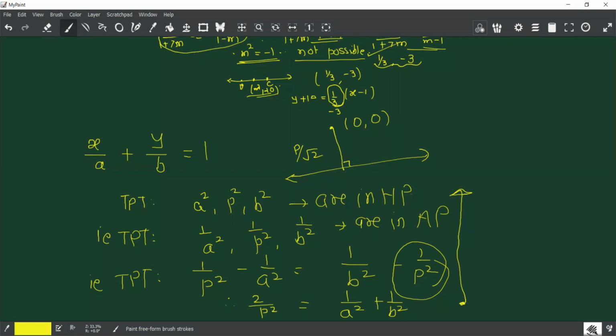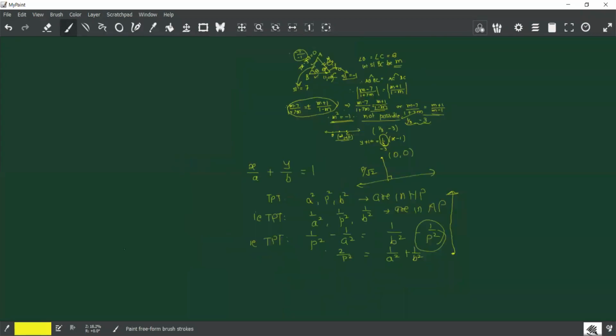So what is the equation of the line? x upon a plus y upon b is equal to 1. मतलब what? It is 1 upon a into x plus 1 upon b into y minus 1 is equal to 0. So what is the distance of this point from the origin? Distance of the point from the origin 0, 0 से निकालना है.